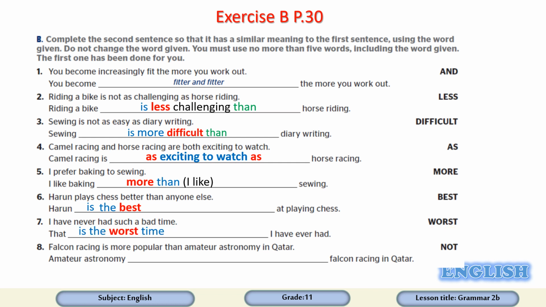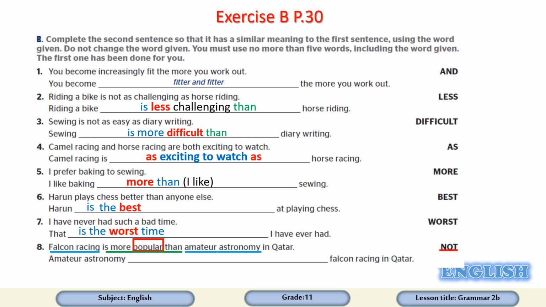We finish with sentence number 8. Falcon racing is more popular than amateur astronomy in Qatar. What is compared in this sentence? Yes, very good. Falcon racing and amateur astronomy. Are they equal in popularity? No, they are not equal. What adjective is used? Popular.